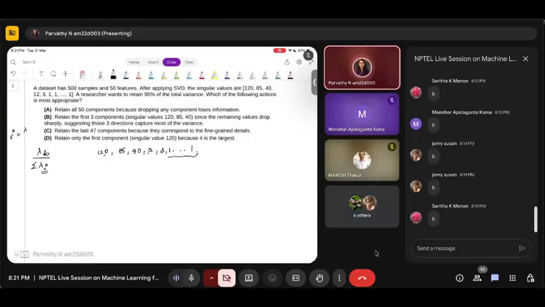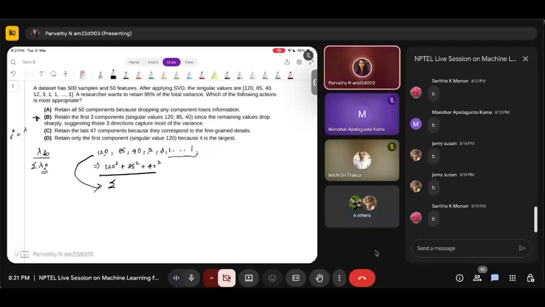So here what you have to do is take 120 square. One question is: retain the first three components. That means 120 square plus 85 square plus 40 square, the whole divided by the sum of all these squares.